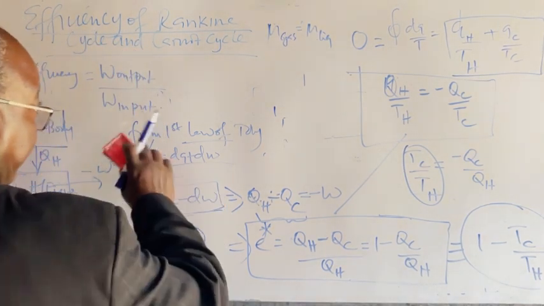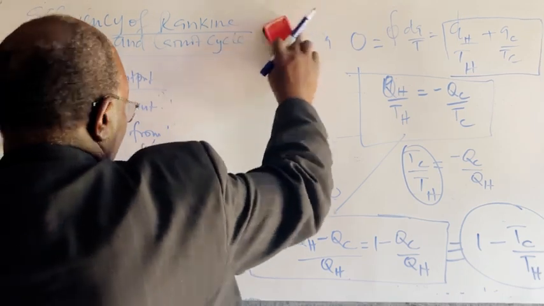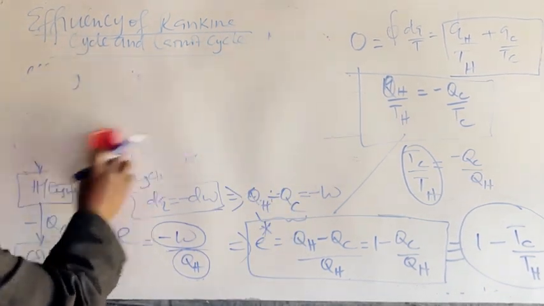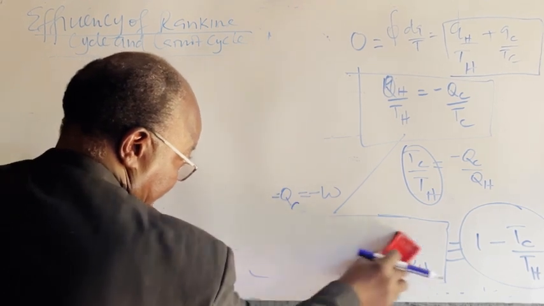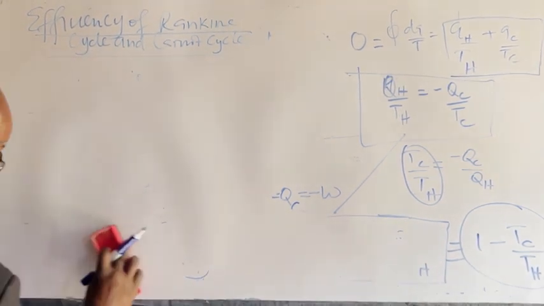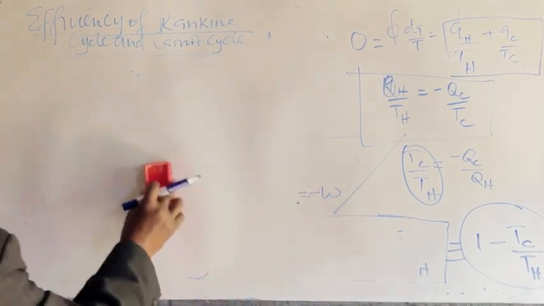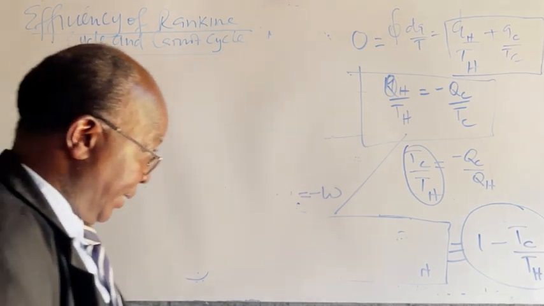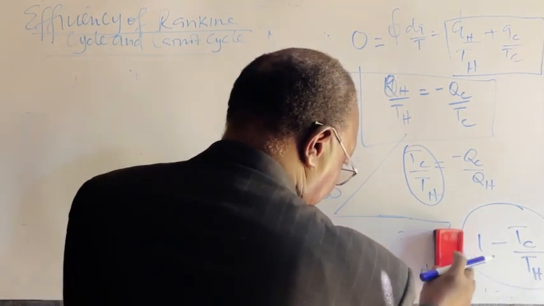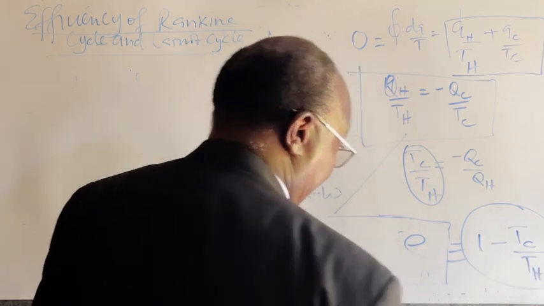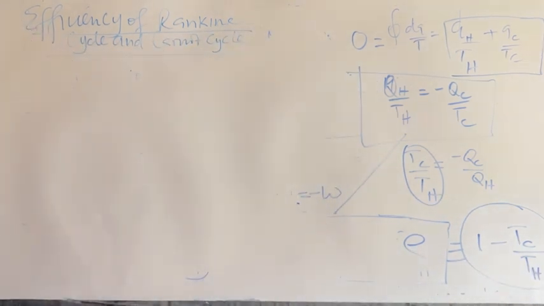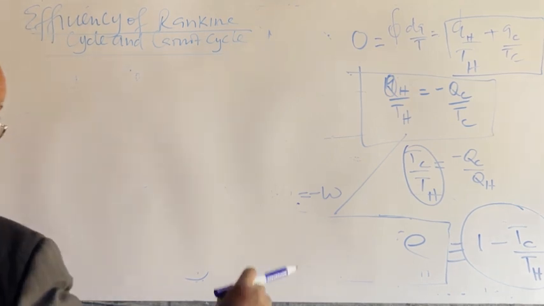Now, when we look at these particular processes, we have said that the efficiency of the process is 1 minus TC over TH. That's the efficiency for the Carnot cycle.